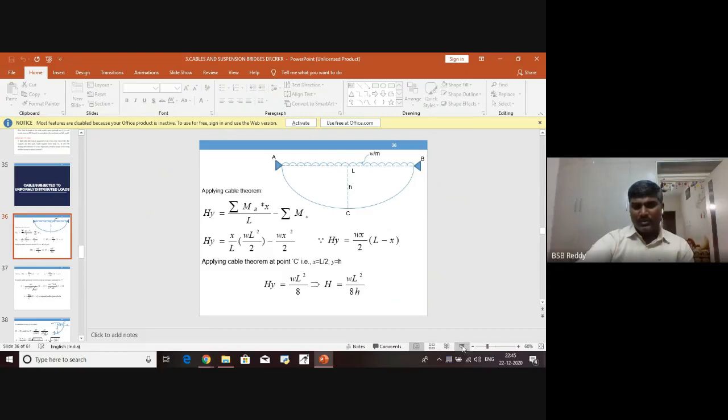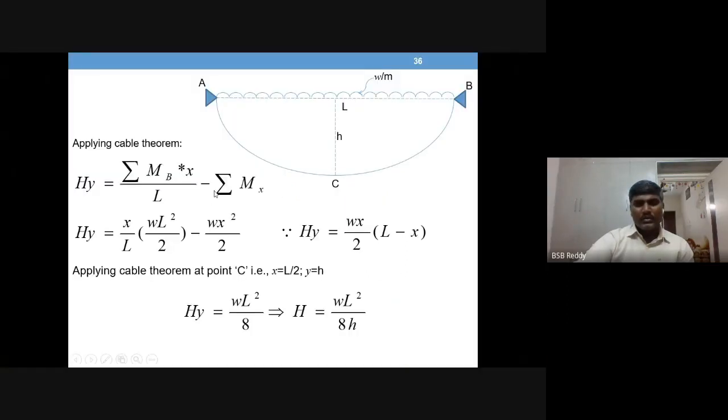We apply the same here. Now take moments about B for only the loads applied. Only one load is there, the UDL. So that is WL square by 2 minus, taking some section x, the sum of all moments about x only due to loads.